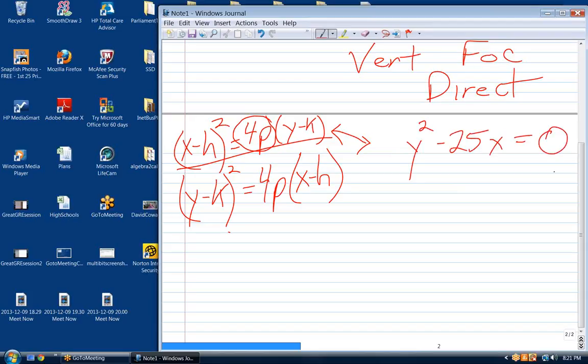Okay, it's not quite the same. Is this a horizontal or a vertical parabola? Horizontal. Yeah, so I'm going to use this as my standard. So let's try to get this into this format, and then I'll be able to figure out what P is.